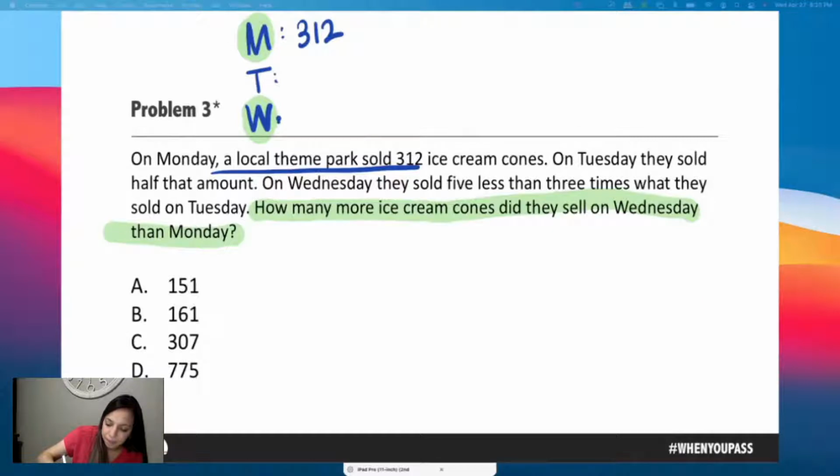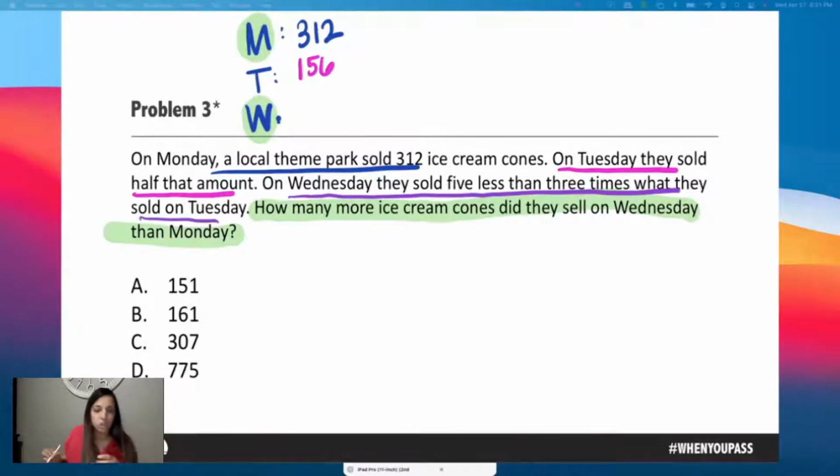On Tuesday, they sold half that amount. So how do I find half of 312? Divide by 2. 312 divided by 2 is 156. That was easy. But now, on Wednesday, they sold 5 less than 3 times what they sold on Tuesday.